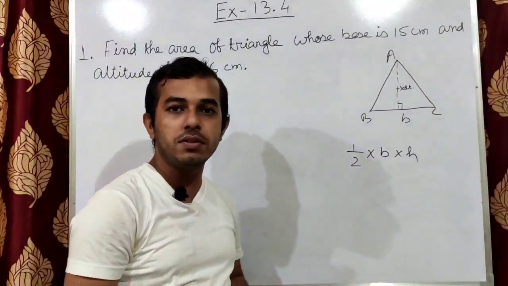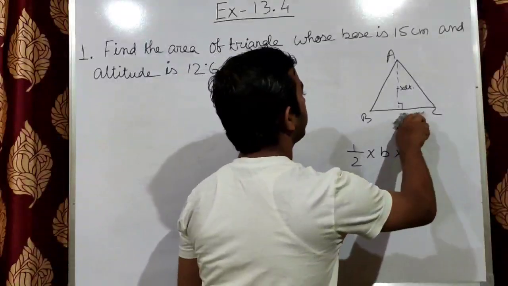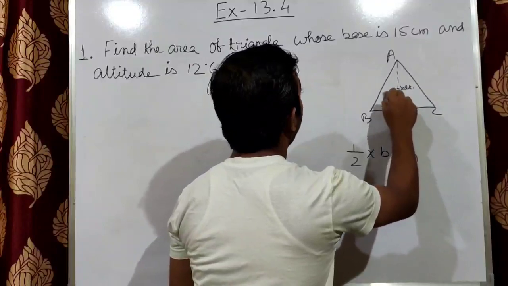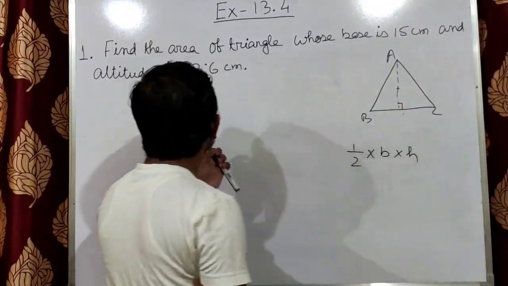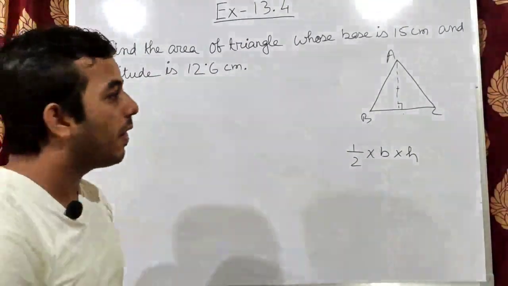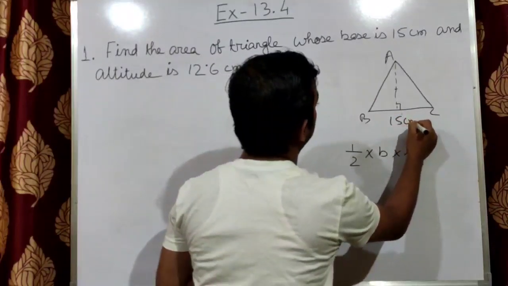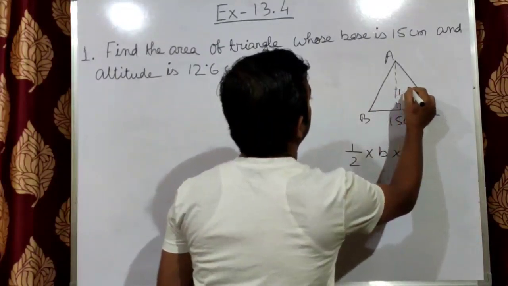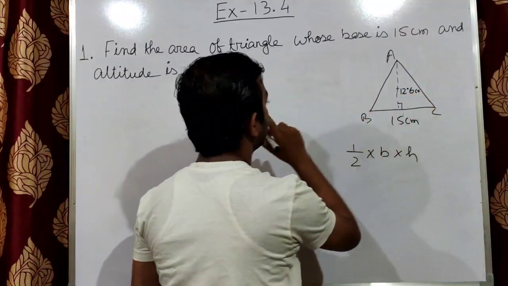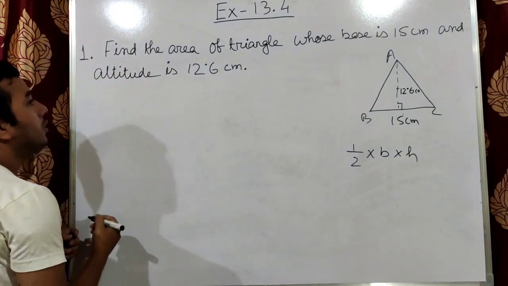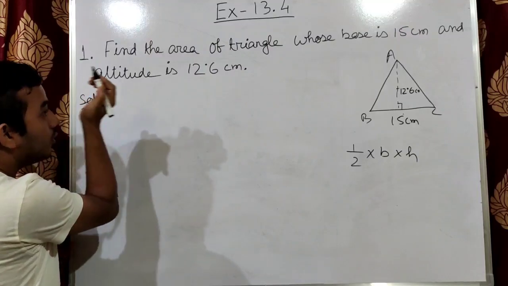Here base is 15 centimeter, so in place of base we will write 15, and altitude is 12.6 centimeter, so in place of altitude we will write 12.6. First of all we'll write solution, then the information given in the question.